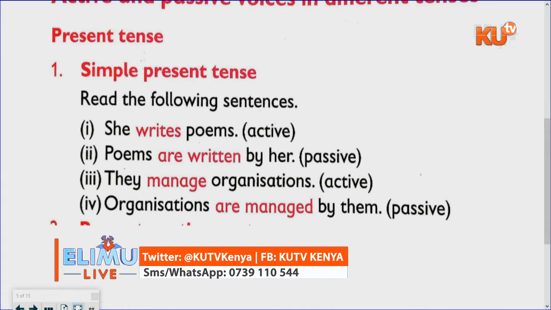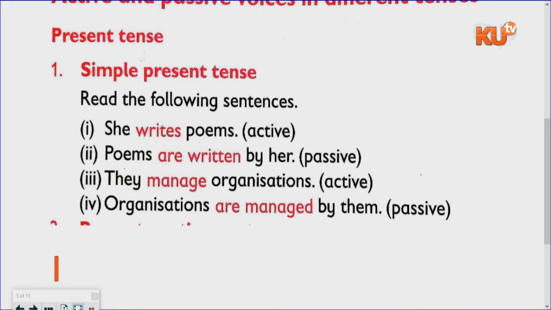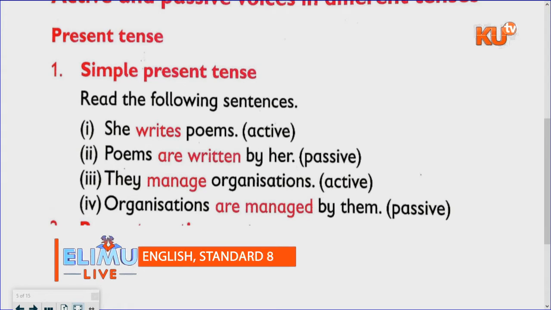So it has changed the tense. Simple present tense has changed to present participle, are written. Poems are written by her. They manage organizations. Manage there indicates simple present tense. They manage organizations.